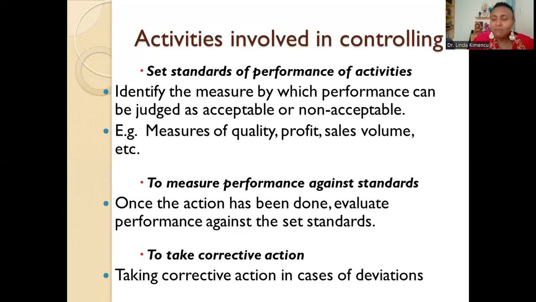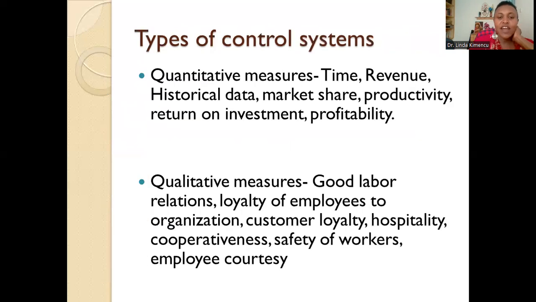Maybe how many shops should you open? You need to have a standard or a measure. Or will you have a certain amount of profit or a certain sales volume? You have to come up with a measure of how you're going to measure your performance of activity. And then, of course, you measure that performance against the standard with the aim of taking some corrective actions.